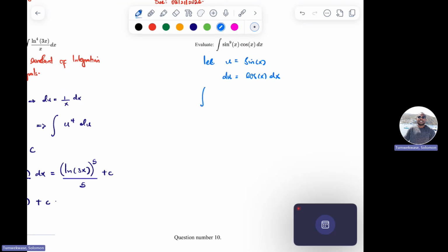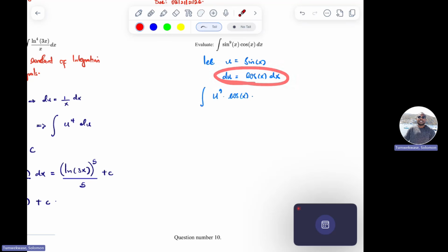So I have the integral of sine to the 9 x, but remember I said sine x is u, so this is u to the 9, then times cosine of x, then times dx.